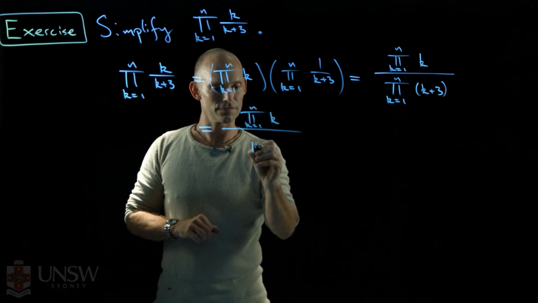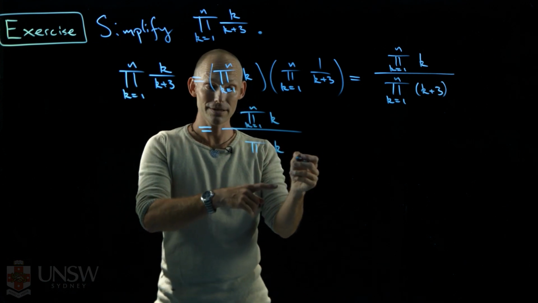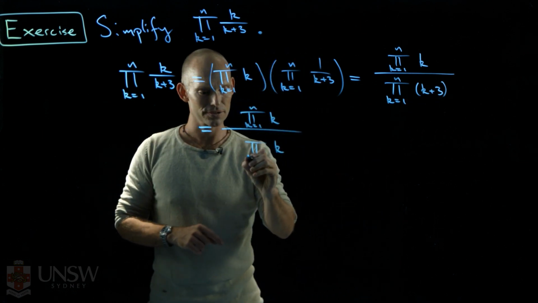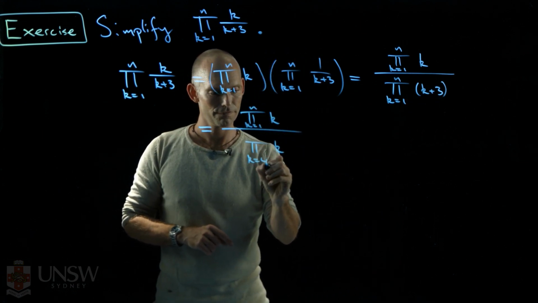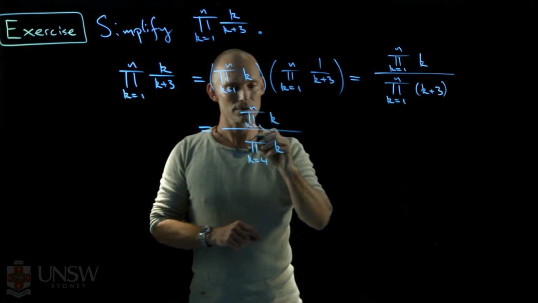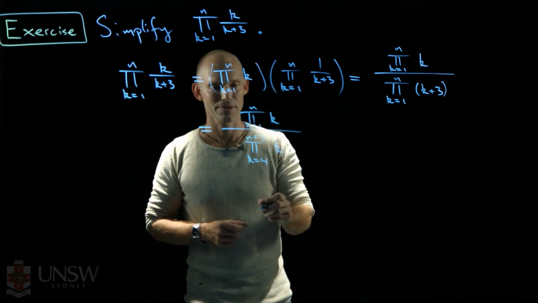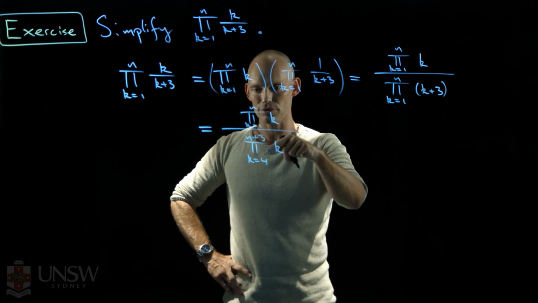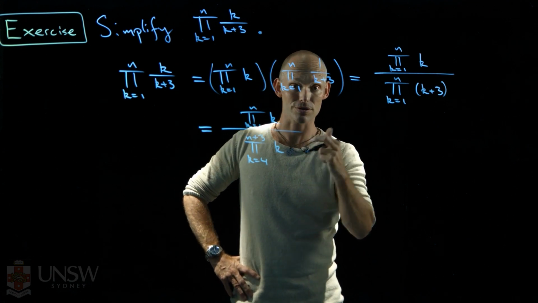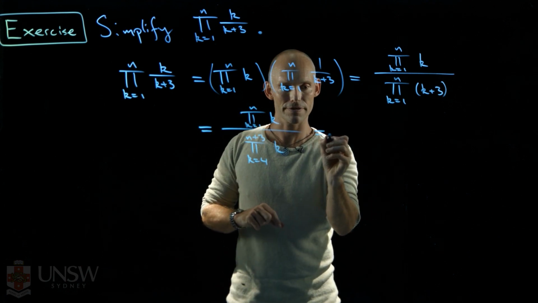And here we're going to have the product over k, where k now goes from 1 plus 3, so that's k going from 4, in other words, up to n plus 3. So here we've got n plus 3. Okay. Now, those two products look very much similar now. We've got the same term, k and k, which is great, but we don't have the same bounds. So let's try to rectify that.